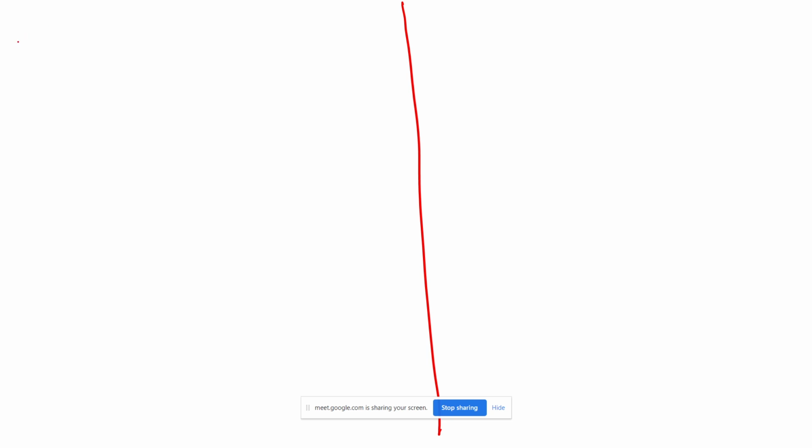As we all know, the efficiency of the cycle is given by 1 minus Q heat rejected upon Q heat supplied. Can we write Q in terms of entropy?